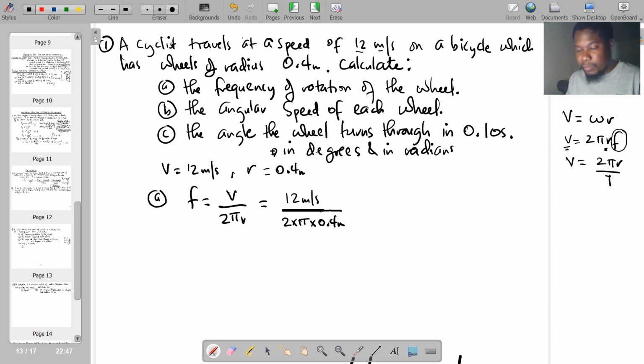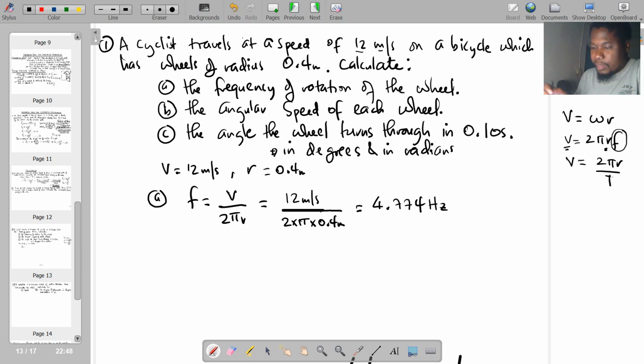Alright, so we can work this out quickly, let me just do it on my calculator. It will be 12 divided by 2 times pi times 0.4. This gives us 4.774 hertz. Okay, that's the frequency that we found.